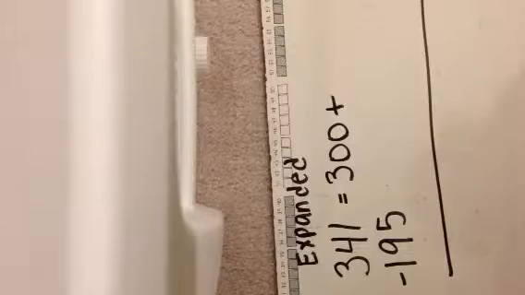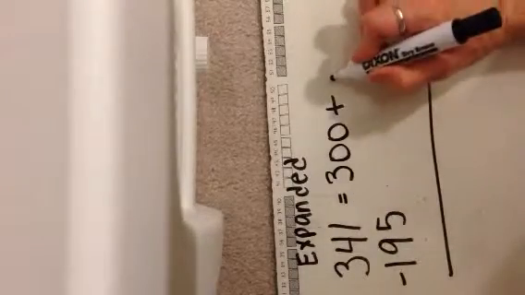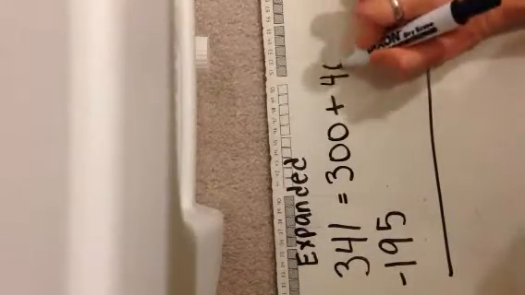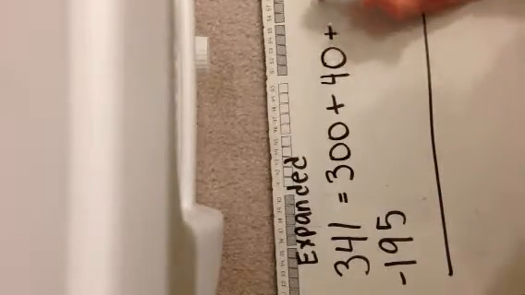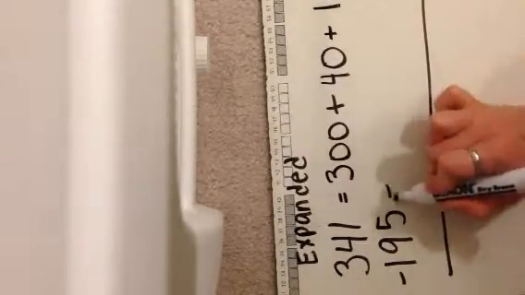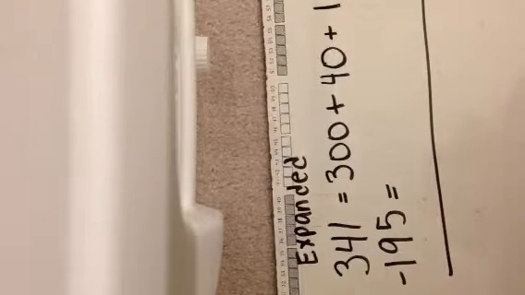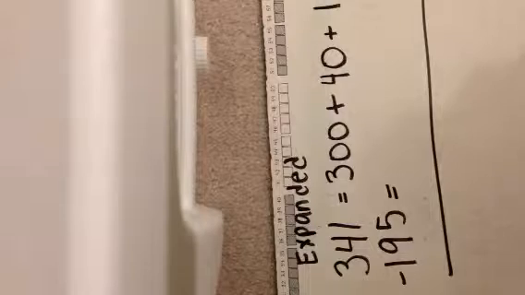We know that there are 4 tens, which is 40. And we know that there is 1 one. Now we do 195.